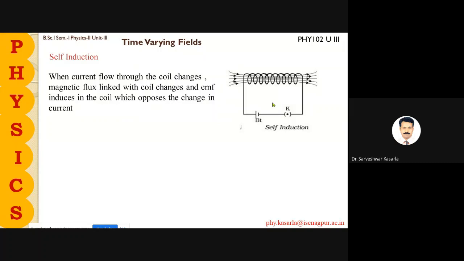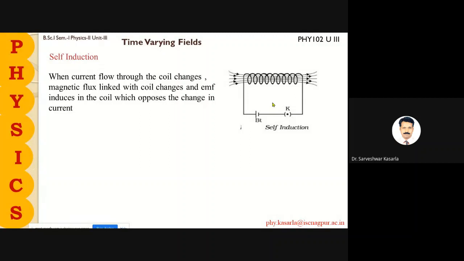So there is a change in current. Due to the change in current, which produces a magnetic field, the magnetic flux linked with the coil changes, and that change in flux produces an EMF, which opposes this change of current.